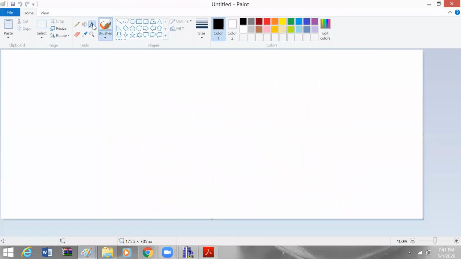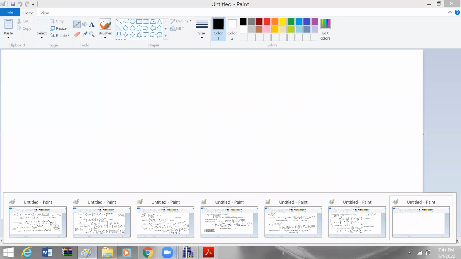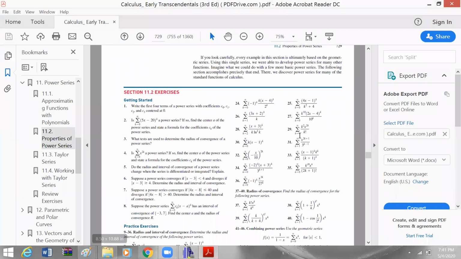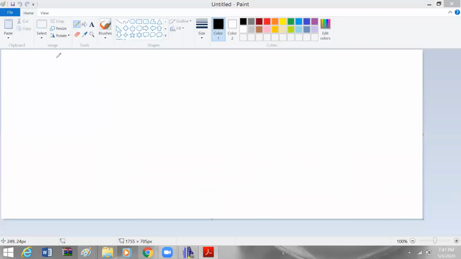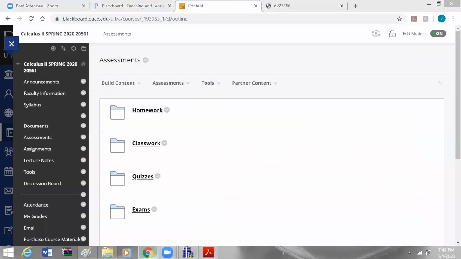Question number 31 asks us to find the power series of that part. So 31 is x to the 2k plus 1 over 3 to the k minus 1. You can take any example; you can find me any problem from the book, and then let's do it.